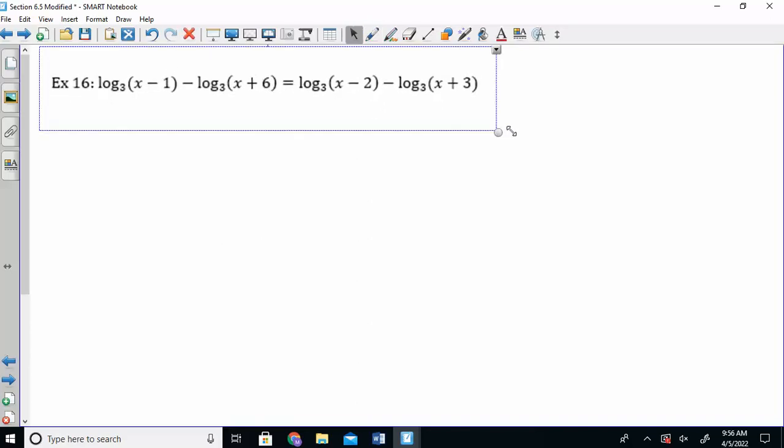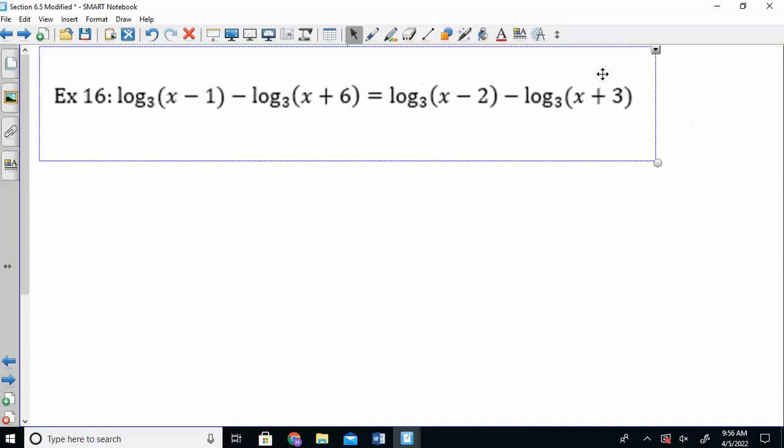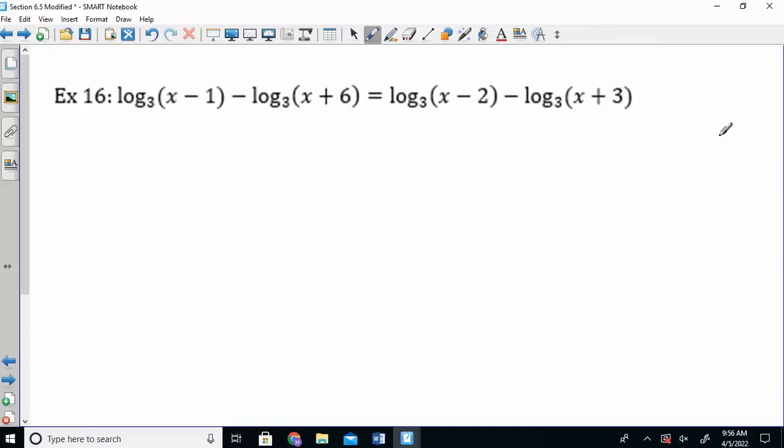Let's look at this one. What do we do? Condense. So these two logs are subtracted.